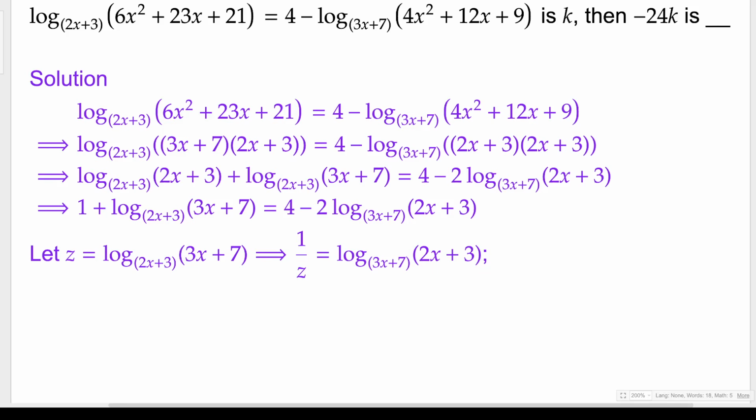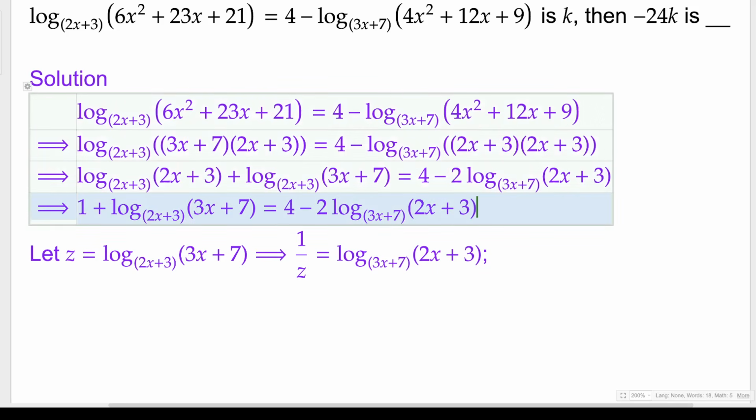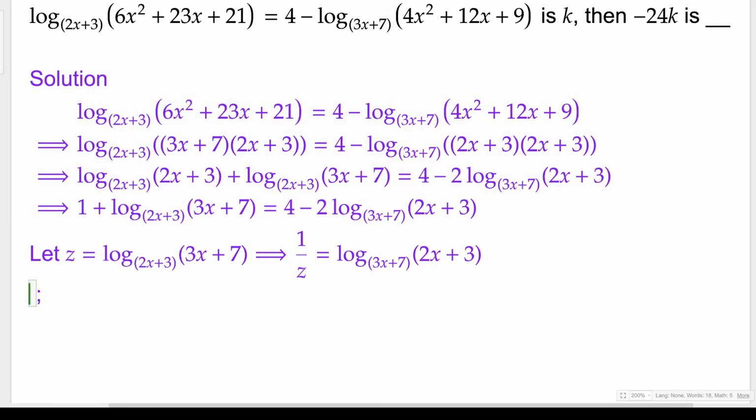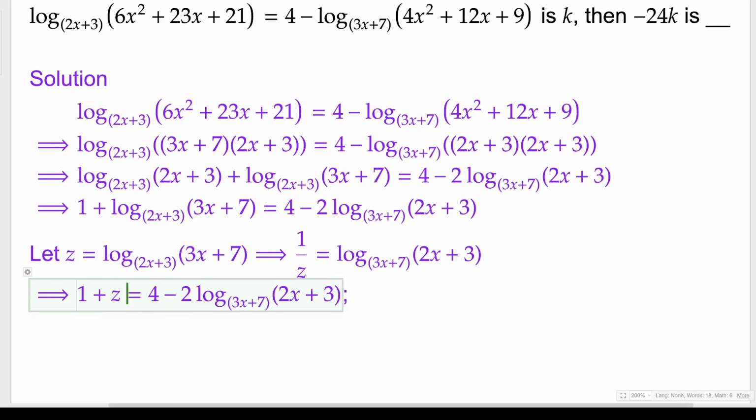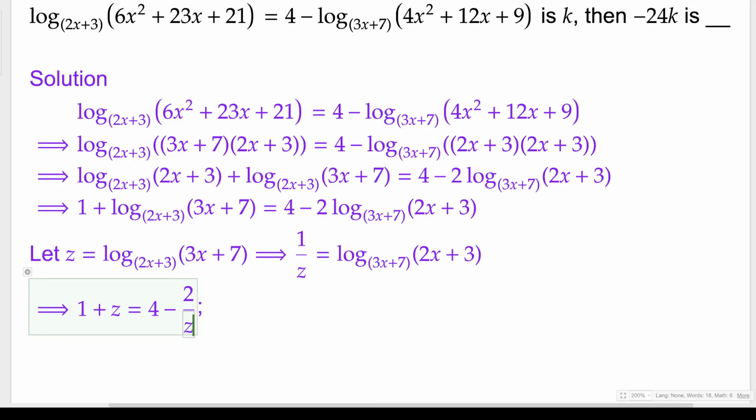Now I can make the necessary replacements: instead of this I mention z, and this one as 2 times 1 over z, that is effectively 2 over z.